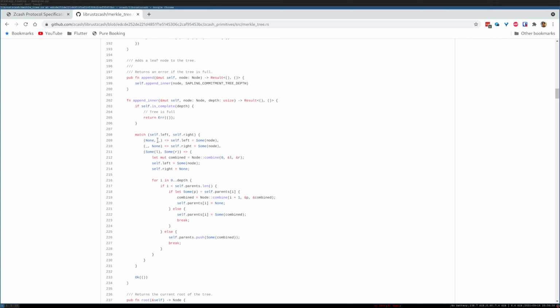So if left is empty, I put the value in left. If right is empty, I put the value in right. And here again, you could assert that if none is here, then you have something here.